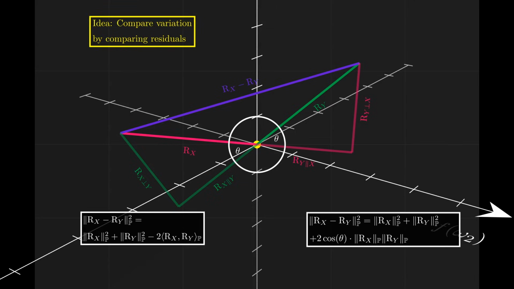So if we denote the angle between one of the residuals and its part parallel to the other residual by theta, we find that this whole term simplifies to 2 times the cosine of theta times the length of the residuals. And by rewriting the angle theta as pi minus the angle phi between the residuals, we can rewrite the term that captures the variation of x in the direction of y and vice versa as minus 2 times the cosine of phi times the length of the residuals.